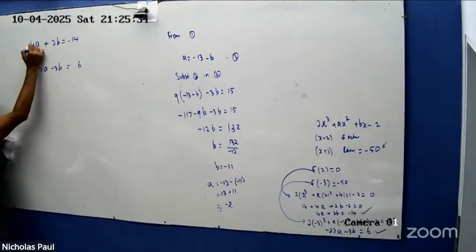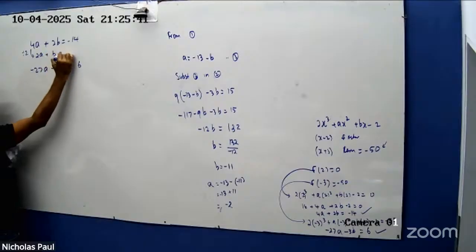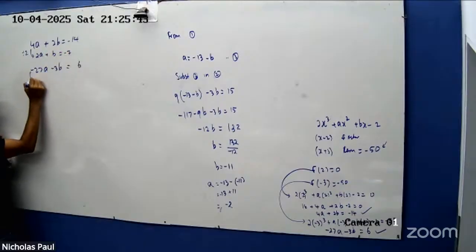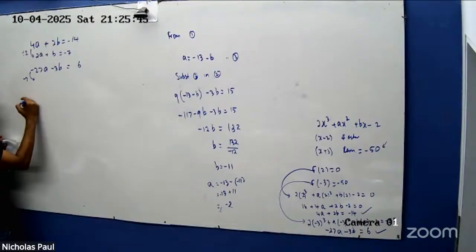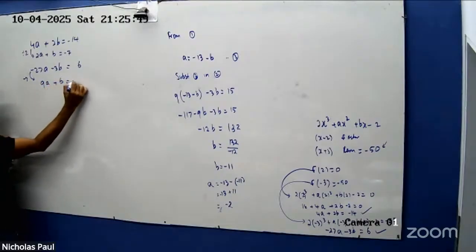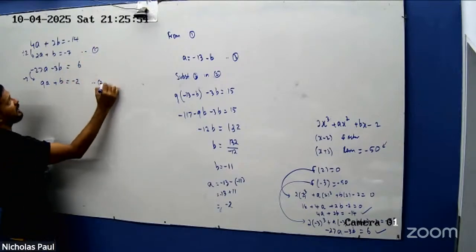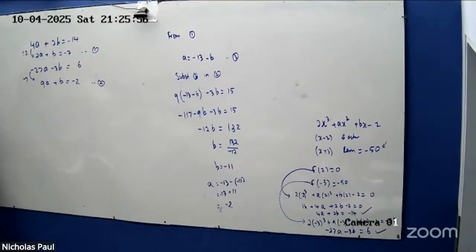So if I divide this equation here by 2, I will end up with 2a plus b is minus 7. If I divide this equation by minus 3, I'll get 9a plus b is minus 2. What I have now are two equations that are a little bit easier to work with. Your objective is to always do that.